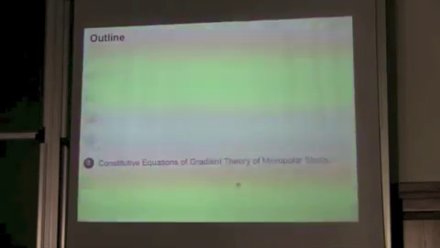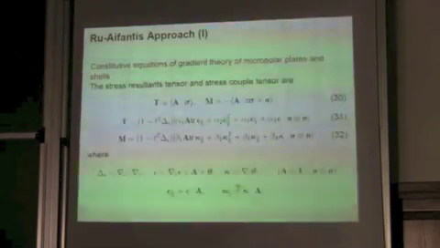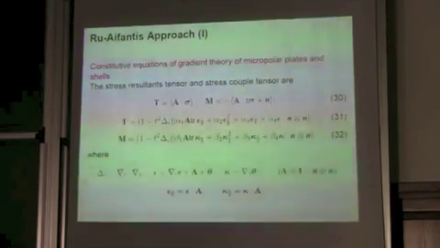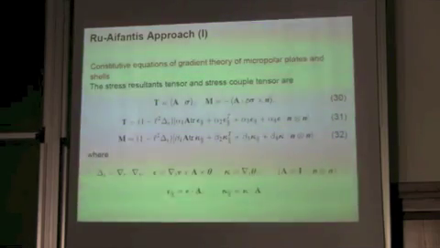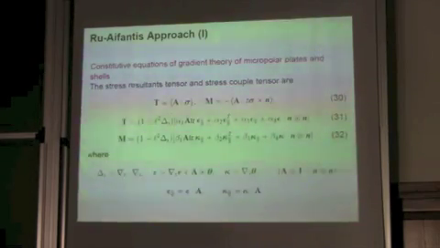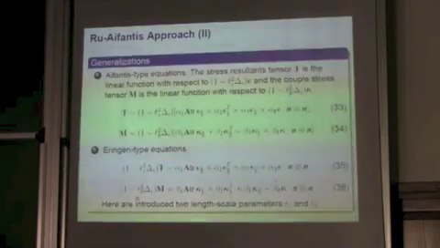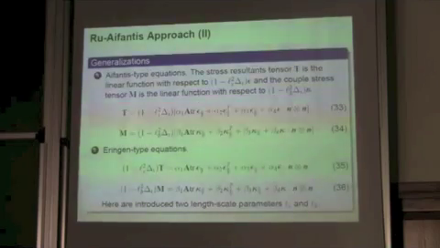The constitutive equations in this case, again, are a little bit more complicated, because now we have not only the standard terms with this alpha 1, alpha 2, and the beta 1, 2, and so on, but we have also the influence of this internal length scale factor, which is shown here. And last but not least, you can again show that such type of theories we can formulate in the sense of the Ru-Aifantis theory.